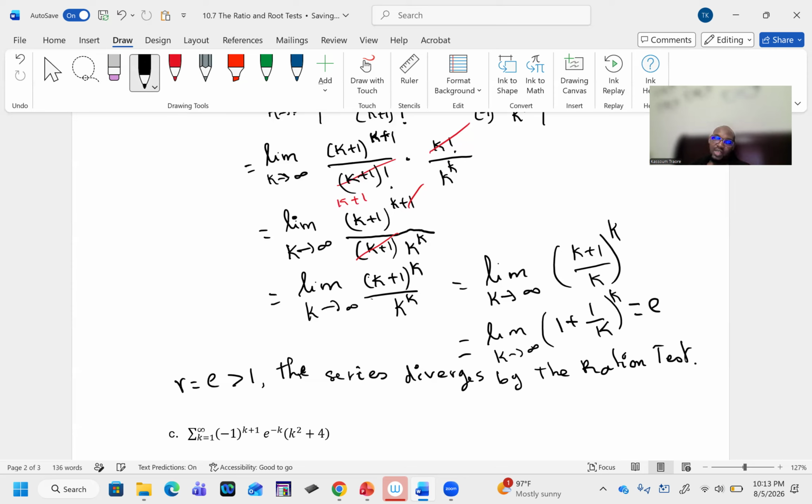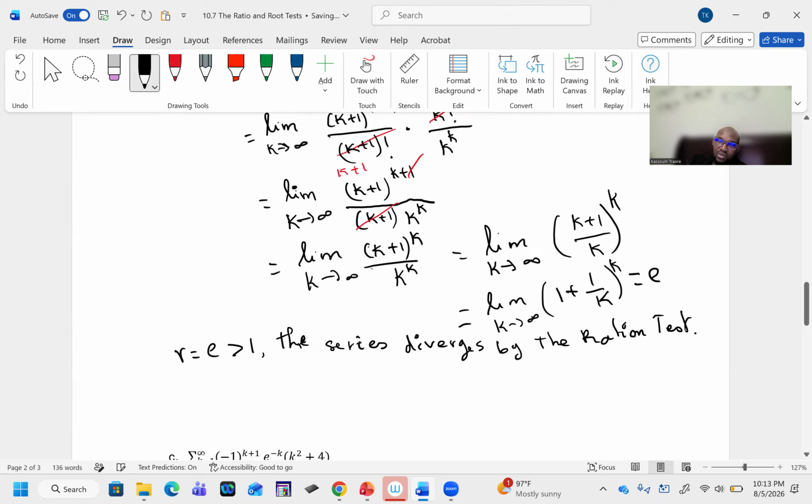Right? Of course, an alternative way to find this quickly was doing the divergence test. We could do the divergence test. So again, let me write this in red.